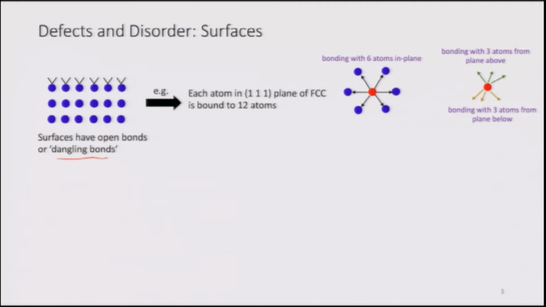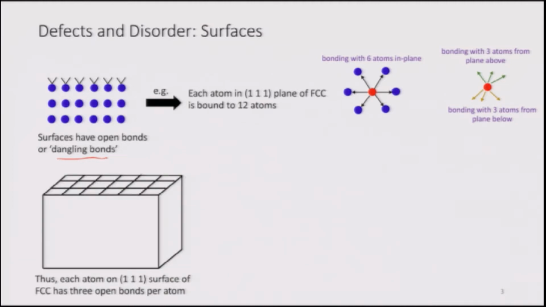Now, suppose this plane marked by these blue atoms is a surface, which means for this red atom, for example, the 3 top bonds are missing. This shows us that each atom on a 1-1-1 surface of FCC is characterized by 3 dangling bonds. I have shown it schematically here.